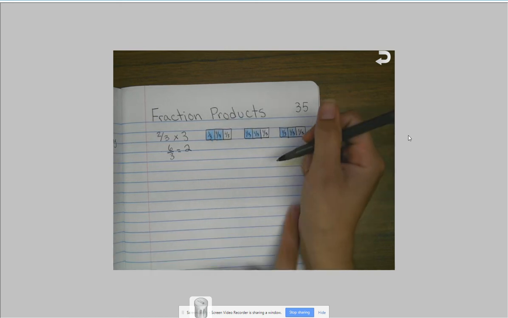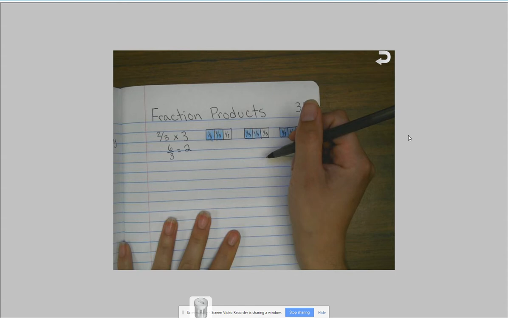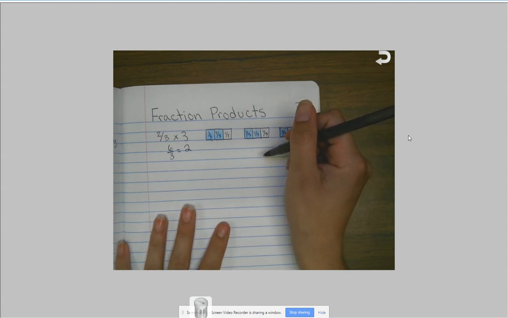Now, the cool part about multiplying fractions is all you have to do is multiply the top and multiply the bottom of the fractions.